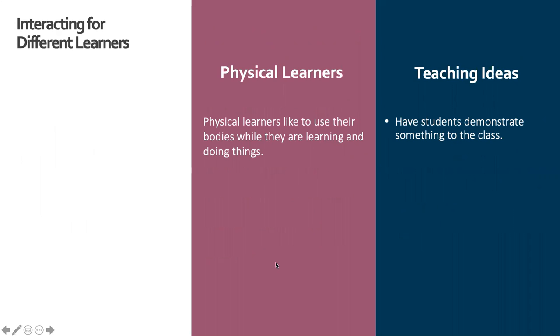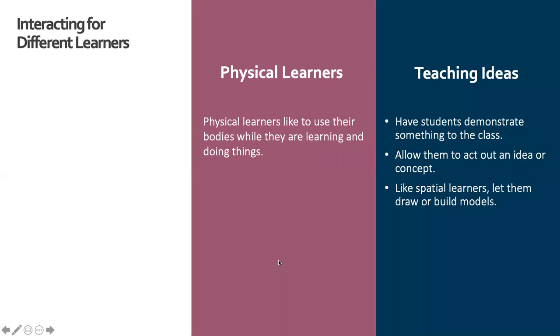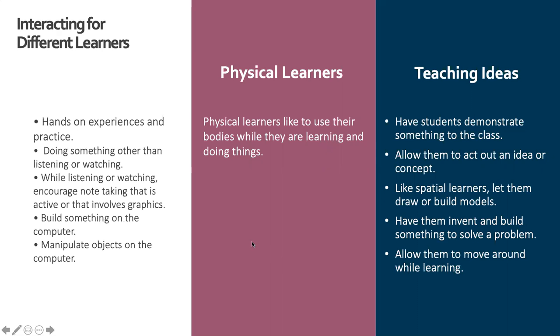So if we start out by having them demonstrate something to the class or to act out an idea or a concept, maybe to draw or build a model or to get their hands dirty as they learn about something, maybe in science, having them invent or build something, and then teaching them the problem and those steps afterwards, having them move around while learning, so getting up out of the seats and kind of moving through the classroom, doing stations or something along those lines would be a great way to introduce a new topic or content area for the students.